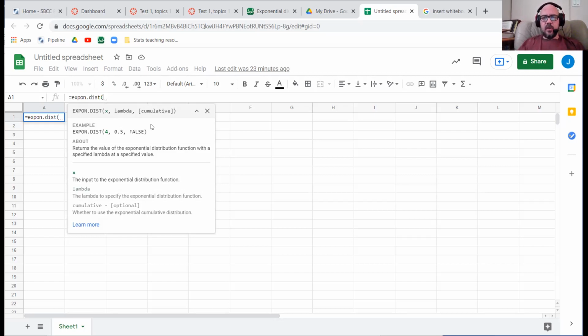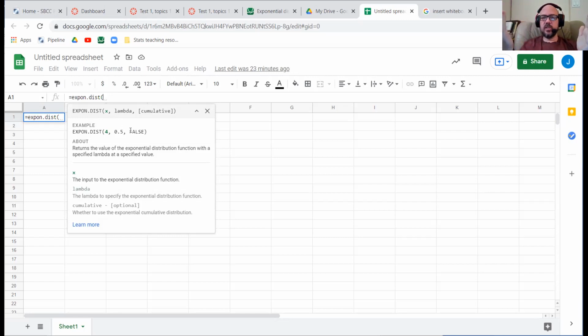But it works the same as the other distribution functions in Sheets, where it will either tell you the y value if you turn cumulative to false, or it will tell you the area, which is the thing we want, up to that point if you have cumulative on true.